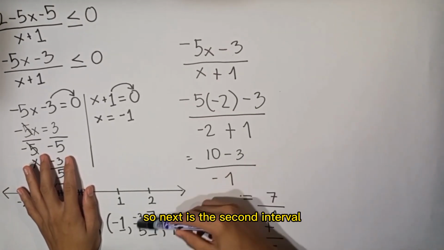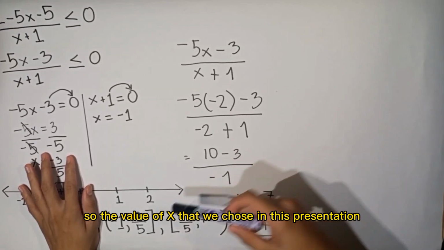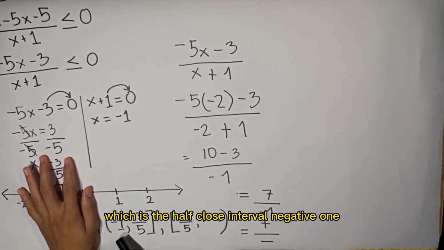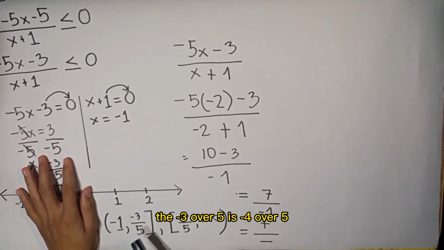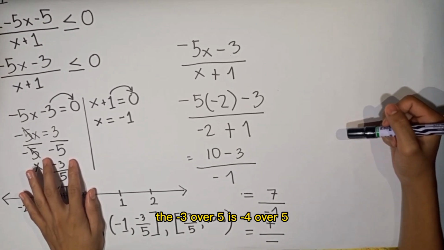So next is the second interval. The value of x that we chose in this set notation, which is the half closed interval -1 to -3/5, is -4/5.